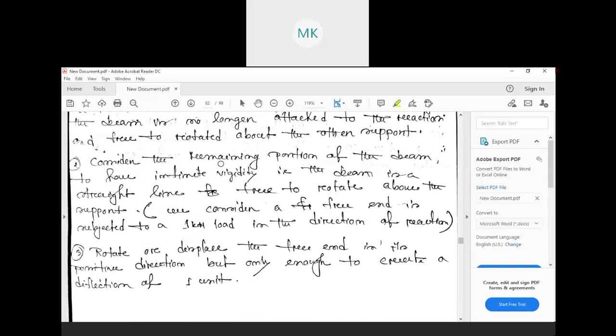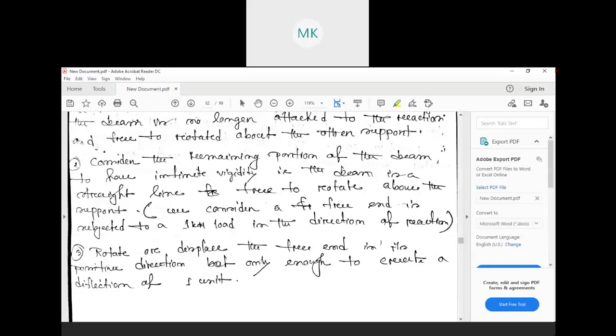Next, consider the remaining portion of the beam to have infinite rigidity, that is, the beam is a straight line free to rotate about the support. For that, we need to consider a free end subjected to a 1 kilonewton load in the direction of rotation.